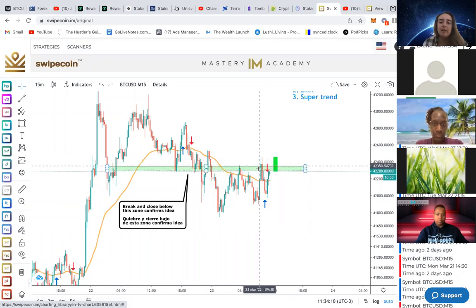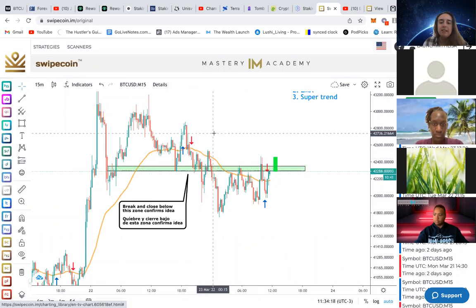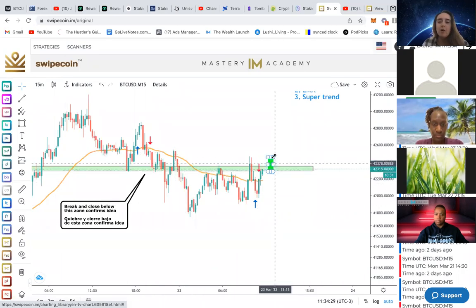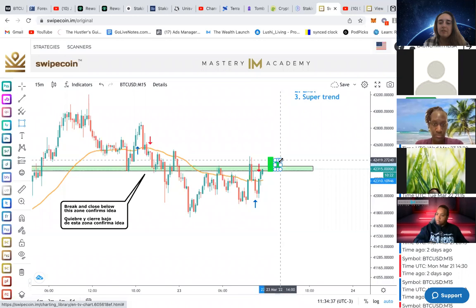You guys can see right here, this is not a close above. It just came up, it went to a wick. This candle right here is a close above, right? This candle closed above, and then we got a retest, and then it just kept going. That's not what we want to see. We want to see it close above, and then we want to see a retest if possible, right?